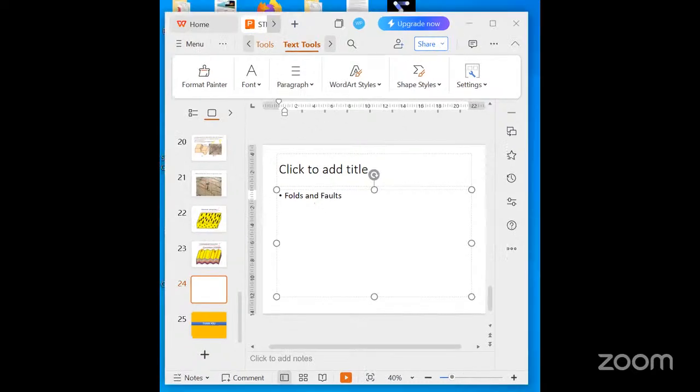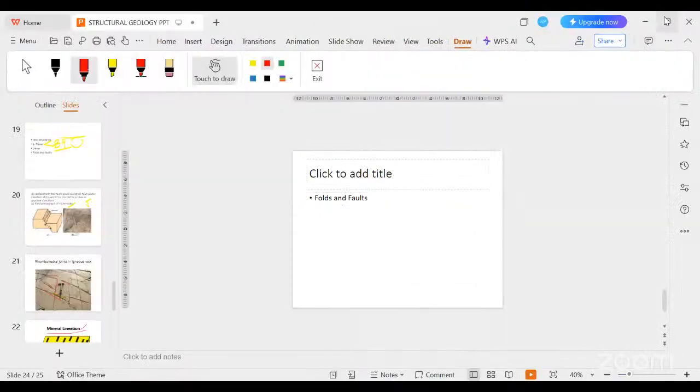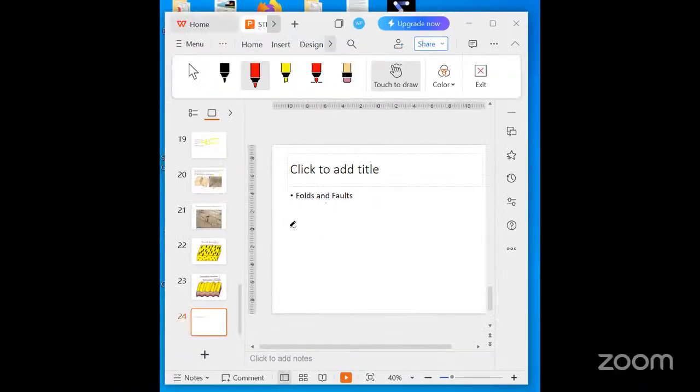Now you see, folds are a combination of planar and linear structures. You can imagine folds in rocks are like folds in our clothing, which you observe daily in your routine, folding clothes.